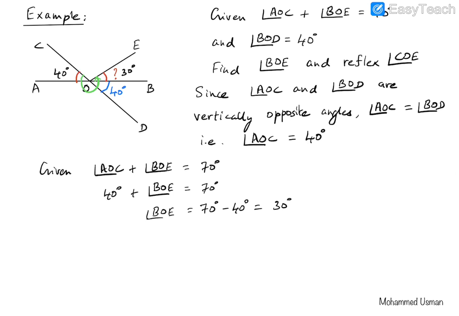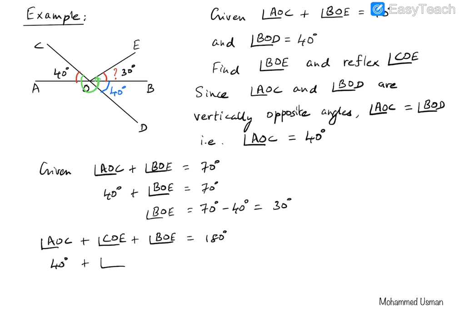So from the figure we can see that angle AOC plus angle COE plus angle BOE should be 180 degrees, because they are the angles formed on the line AB, which are divided by the rays OC and OE. Okay, so we know what is AOC, which is 40 degrees.